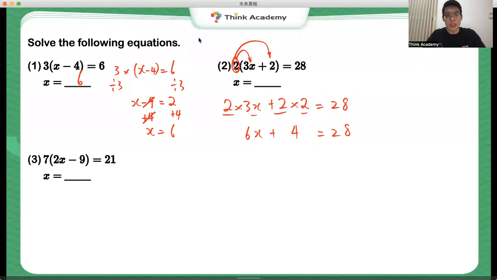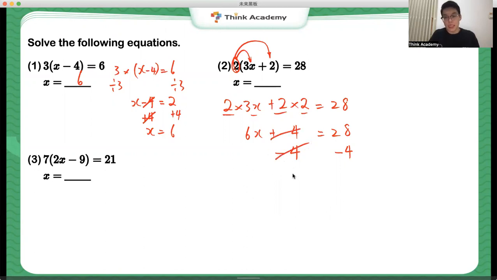So now I can take away the numbers because I don't want the numbers together with the x. They are not friends. They won't be staying together. And I need to do the same thing on the right-hand side as well. Take away the 4. So now I cancel out the number terms on the left-hand side.